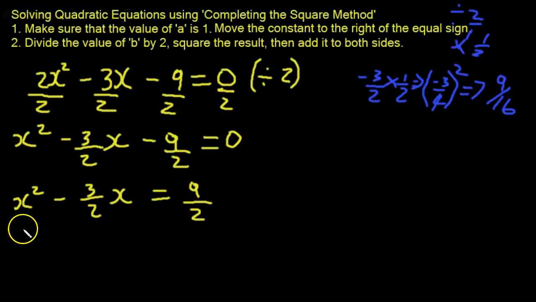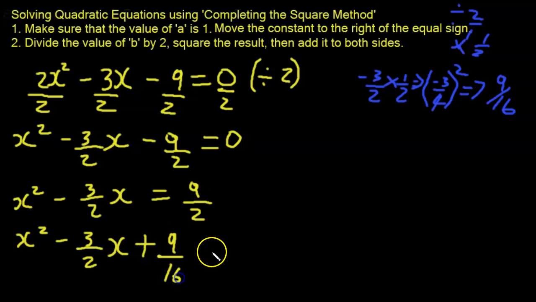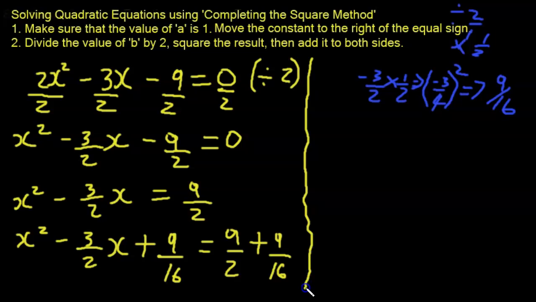So we're going to add 9 over 16 to the left of the equation, and also add 9 over 16 to the right hand side. So add 9 over 16 to both sides. Let me just separate this to ensure we have some space to work with.